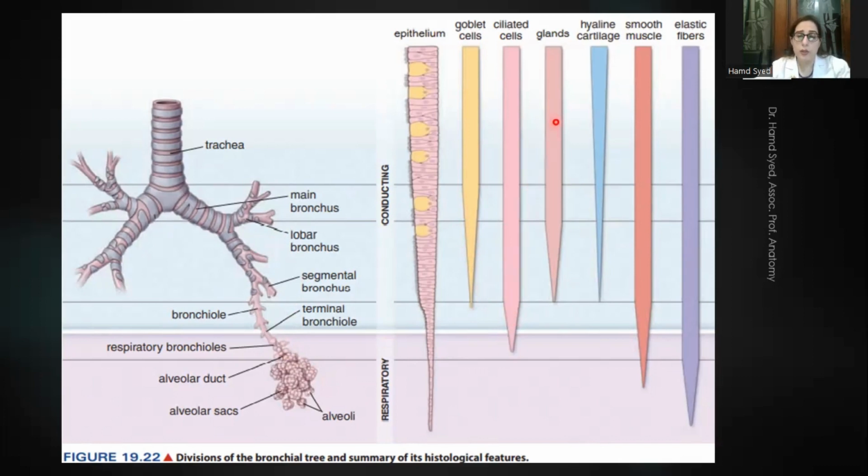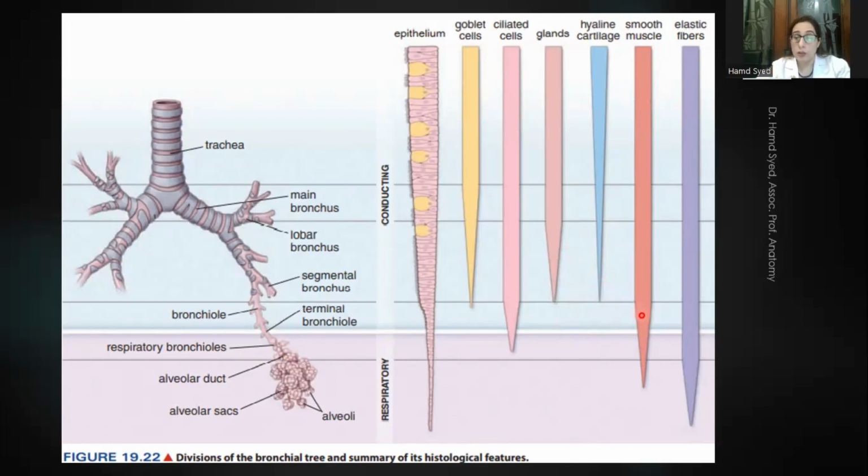And in the case of glands, we can see that from the respiratory bronchiole onwards, there are no glands now. Also, there is no cartilage. So the bronchioles, you can see over here, do not have glands and do not have cartilage. Remember that important transition which is taking place within the bronchioles, that the glands and the cartilage will have disappeared.